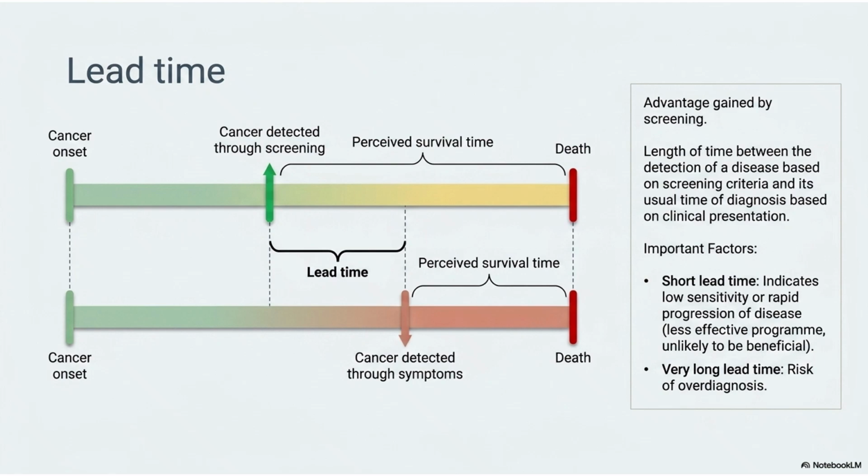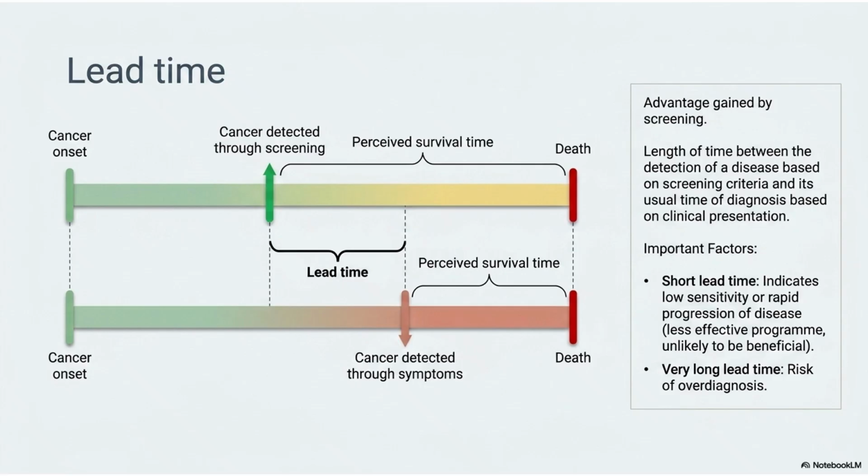But with the concept of screening, in the first horizontal line, we are detecting early, even before the appearance of signs and symptoms. After the first possible point of diagnosis only, we are detecting with the help of a screening test. In the first horizontal line, the first bar is cancer onset and the second bar is cancer detected through screening.